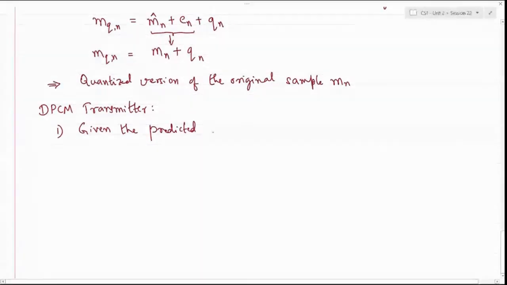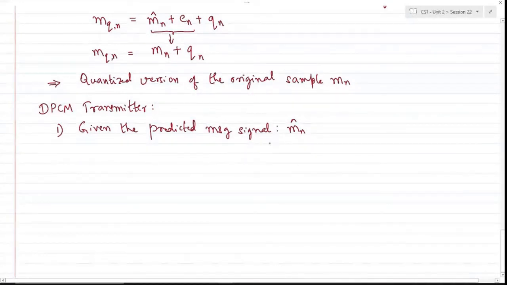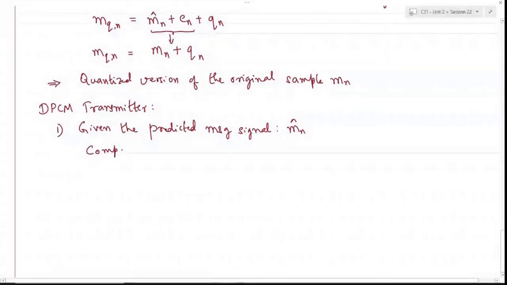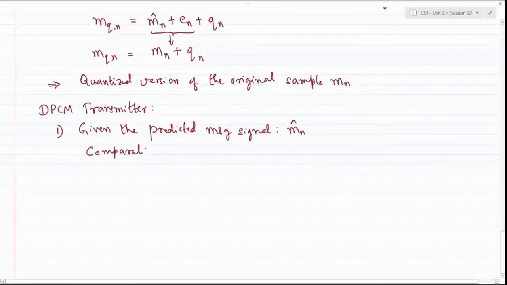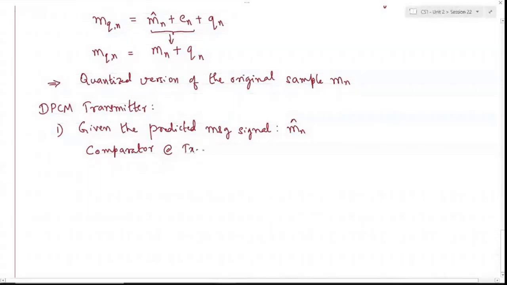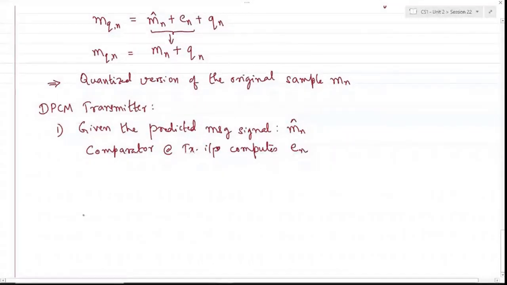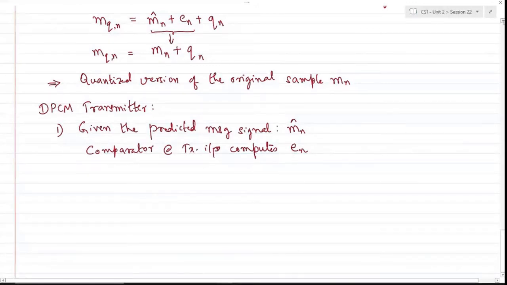First, given the predicted message signal, let us take the predicted message signal as m_n hat, which is the output of the linear predictor. The comparator at the transmitter input computes the error.